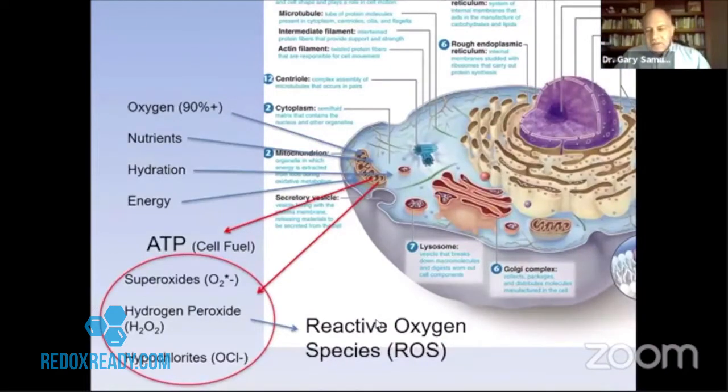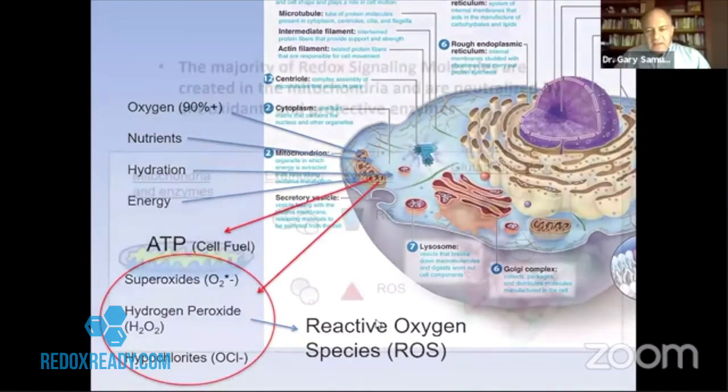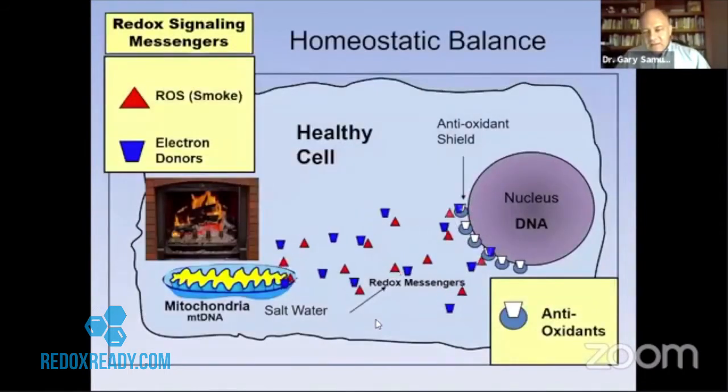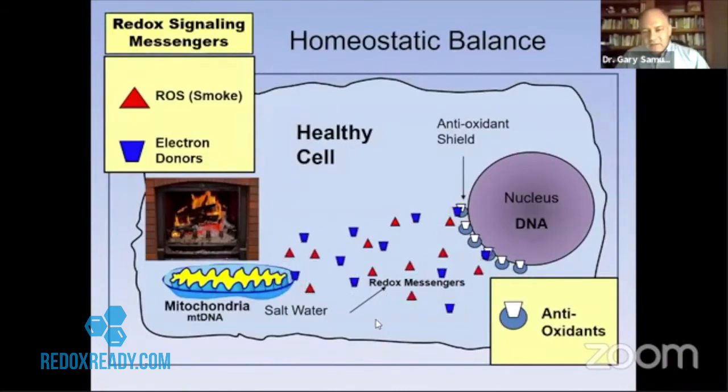Most of these are produced while the metabolism is producing sugar and creating superoxides and such. These are being created by the mitochondria, and then they're being eliminated by the antioxidants. Inside the cell, there's a continual process of creation and elimination of these redox signaling molecules.